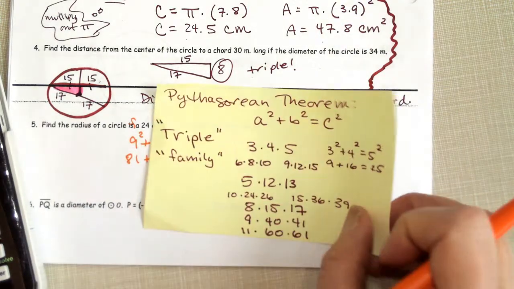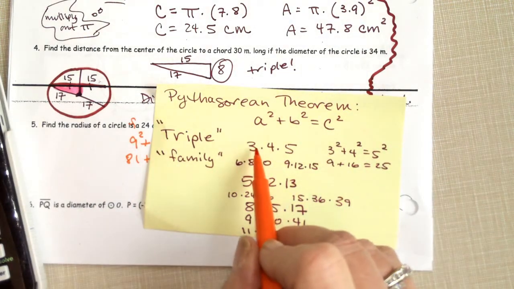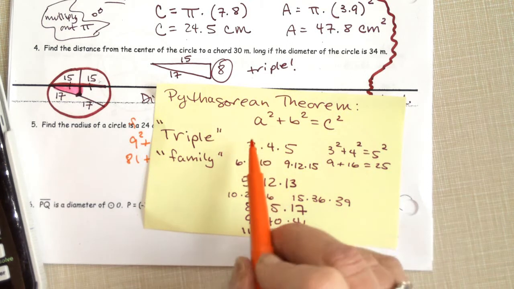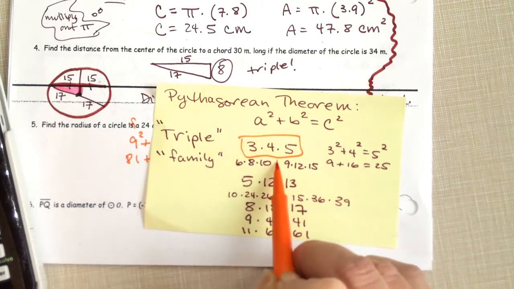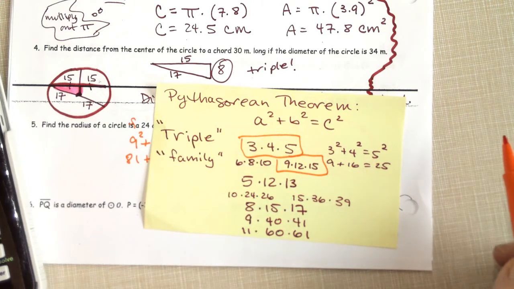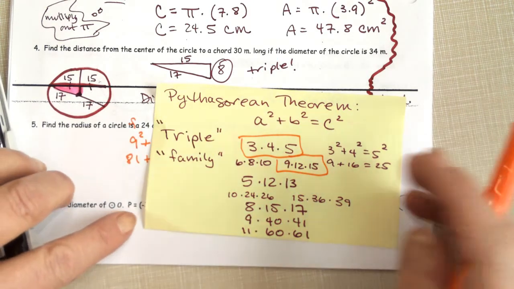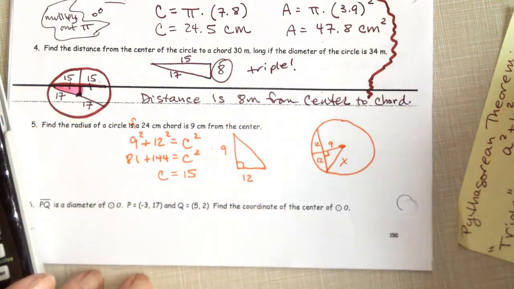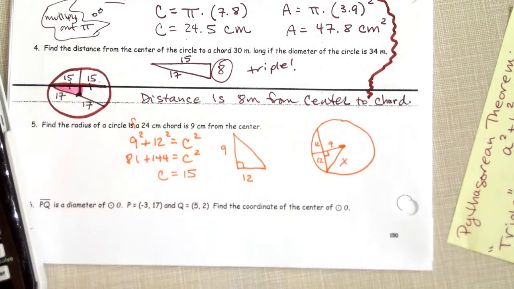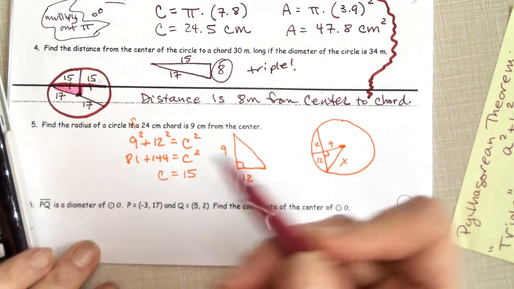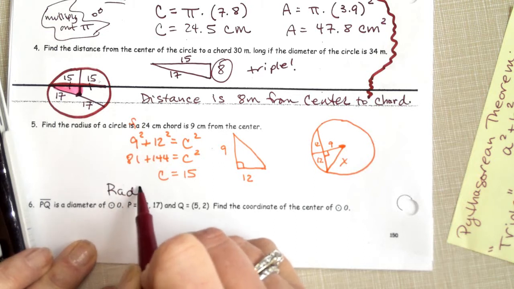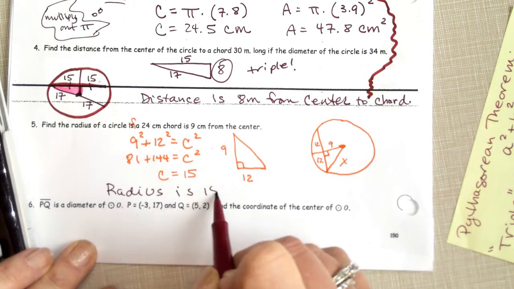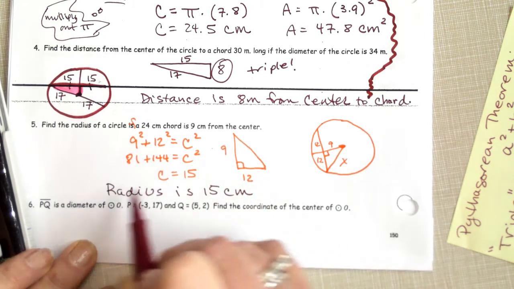When you see three odd ones like that, like a 9, see if it falls in that 3, 4, 5, which it does: 9, 12, 15. All right. So that radius is 15. So we're done. Radius is 15 centimeters.